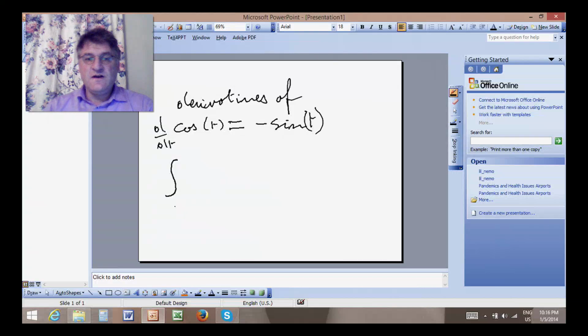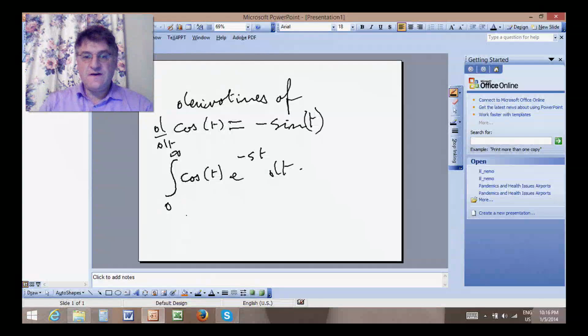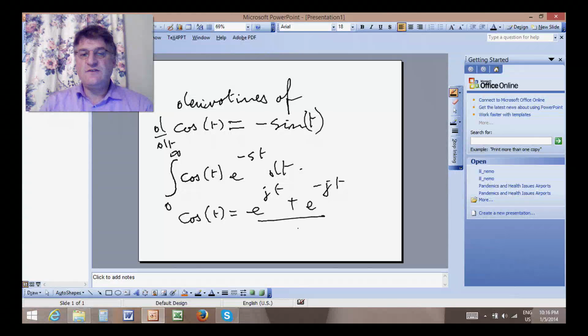Well, the Laplace transform of cosine of t will be the integral from 0 to infinity of cosine of t e to the minus st dt. Now, cosine of t is equal to e to the jt plus e to the minus jt, divided by 2.